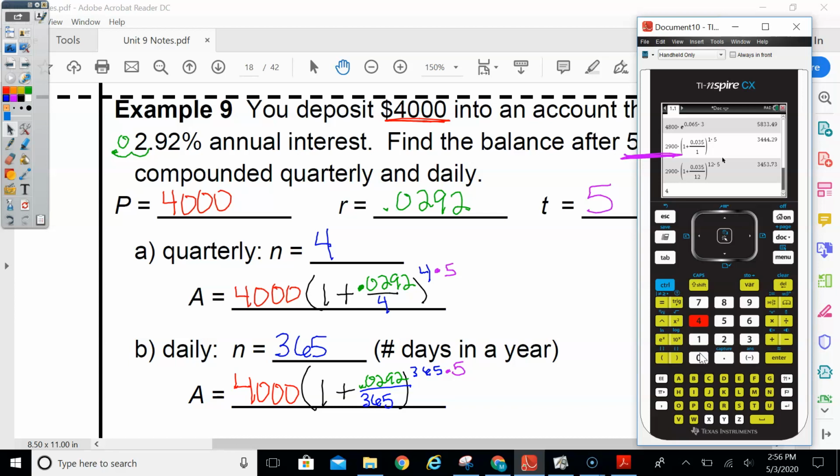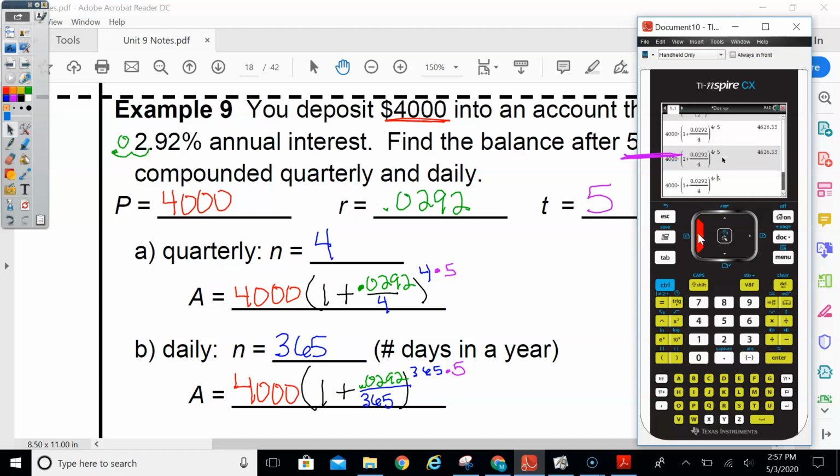So 4,000 times 1 plus control divide R, oops, control divide. R was 0.0292 over quarterly is 4 times a year. And we're going to do to the 4 times 5 power. I mean, you can put 20, because I know what 4 times 5 is. But here, if I do Control Enter, oops, I'm going to go highlight it first. Highlight Enter.